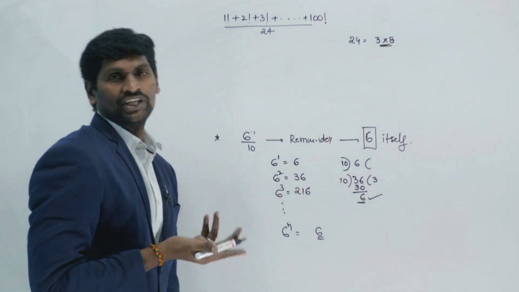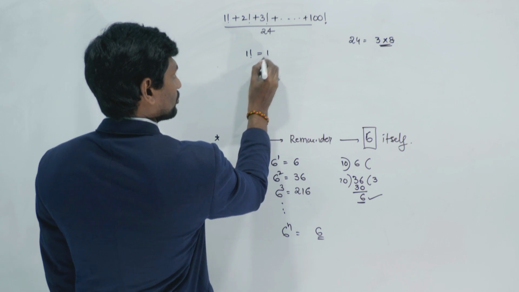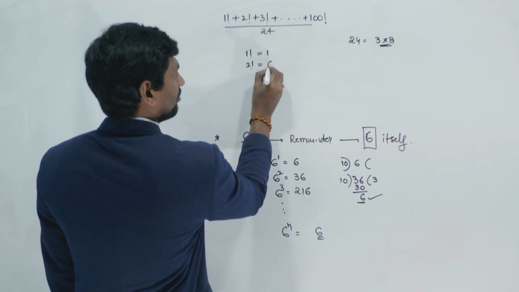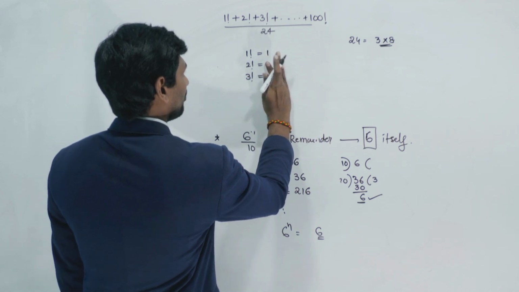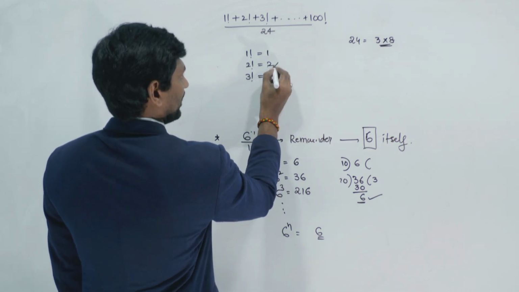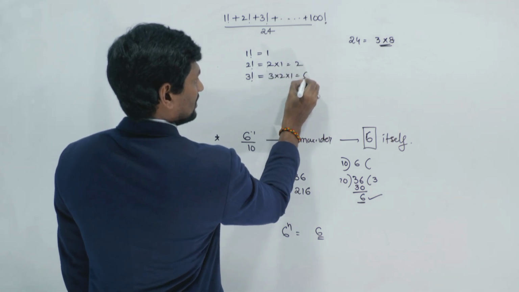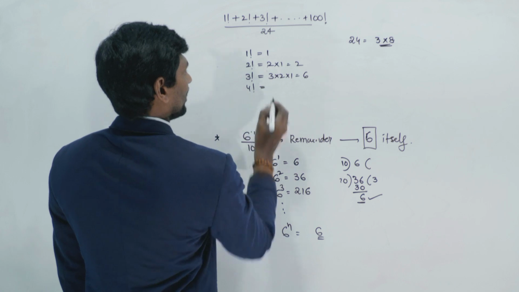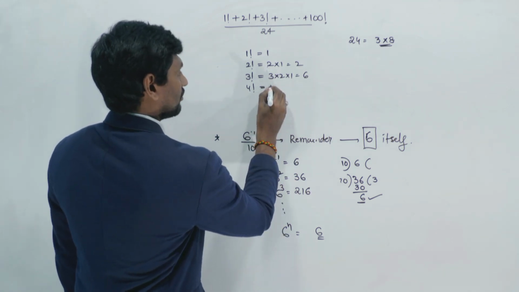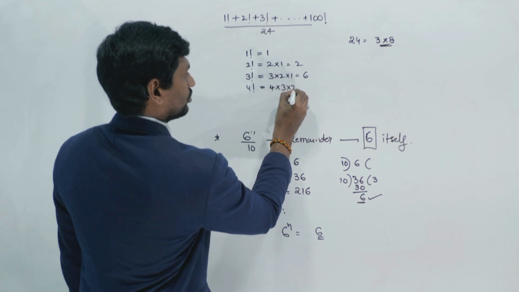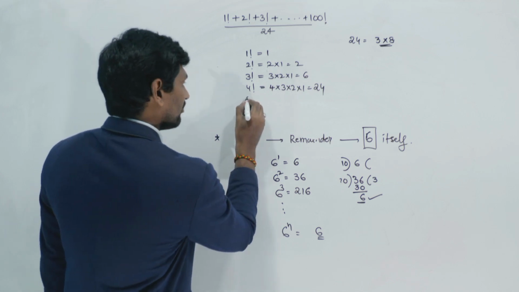Let us identify that 1 factorial value is 1, 2 factorial value is 2, 3 factorial value is 6 and 4 factorial value is 4 into 3 into 2 into 1, 24.